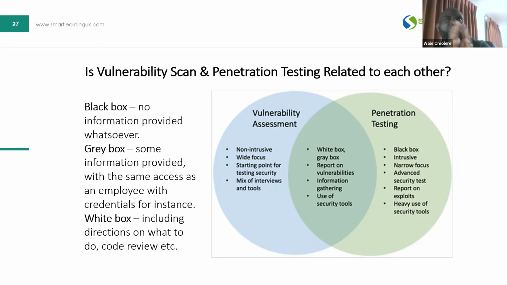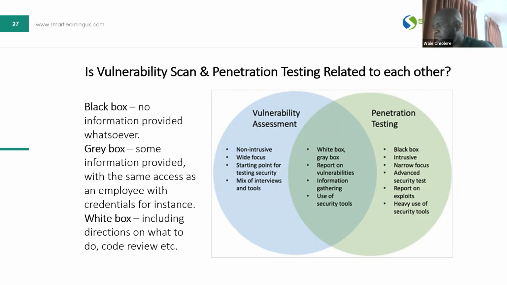So it's the starting point of you just gathering information about your environment, okay? You remember that we said vulnerability scanning is automated, all right? So you're gathering information. You're just trying to find out where the weakness is, all right? You're not actually exploiting the weakness. So it is a starting point in your security testing.